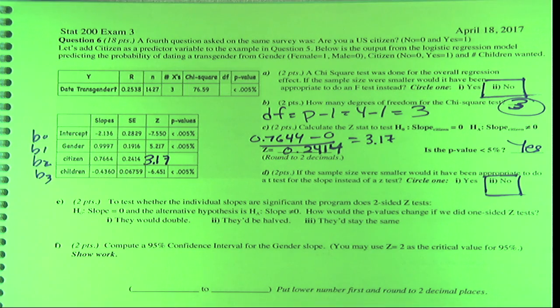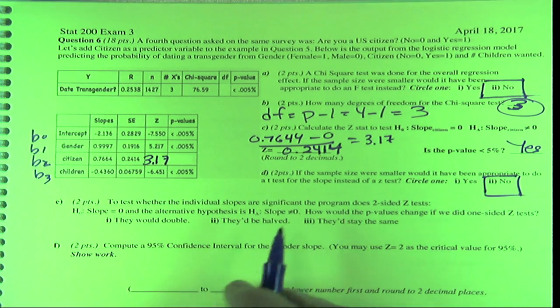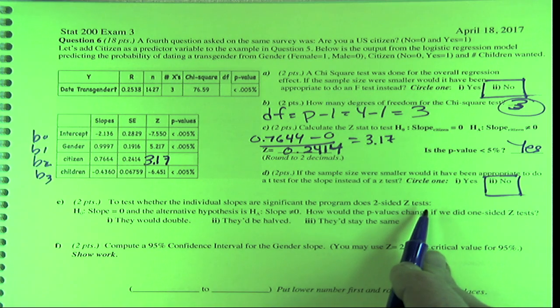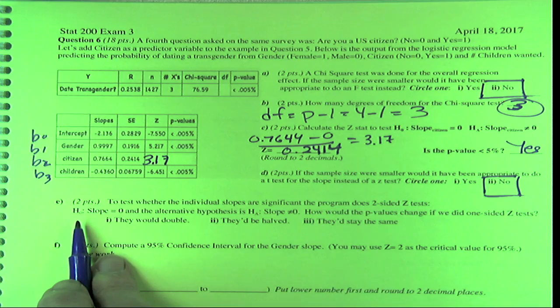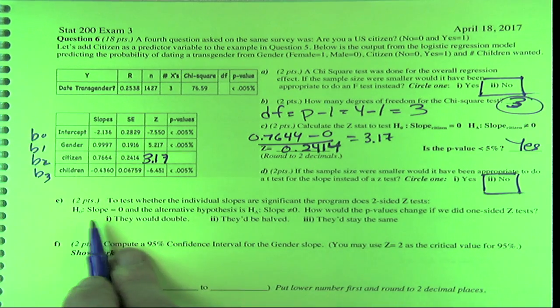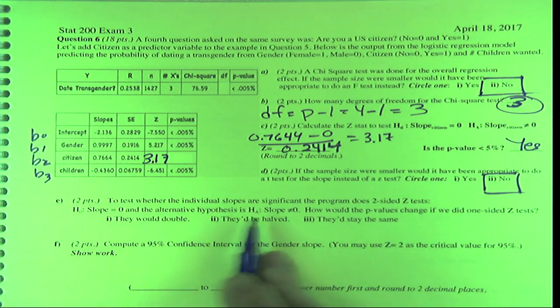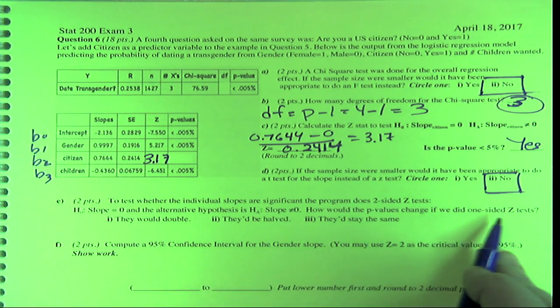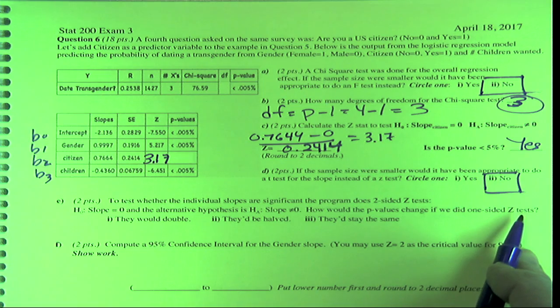Okay, now to test whether the individual slopes are significant, the program does a 2-sided z-test. What does that mean? It means that our null is always that the slope is 0, but the alternative is that it's not equal to 0, instead of saying it's greater than or less than. So how would the p-values change if we did 1-sided tests?